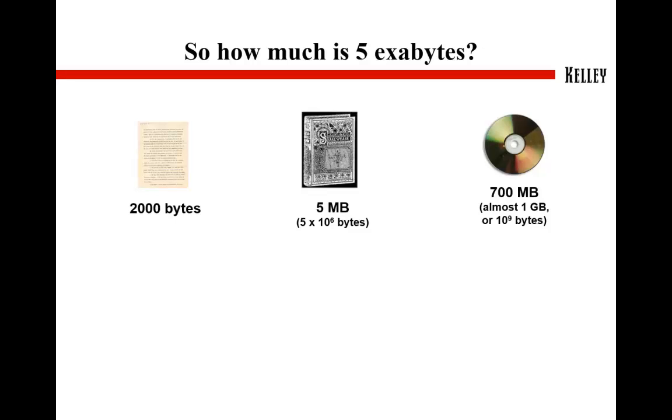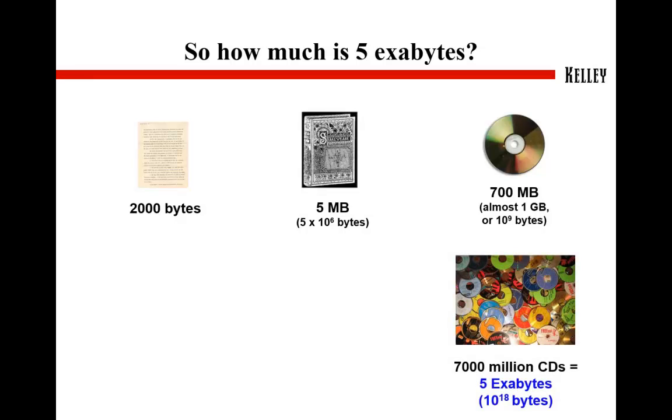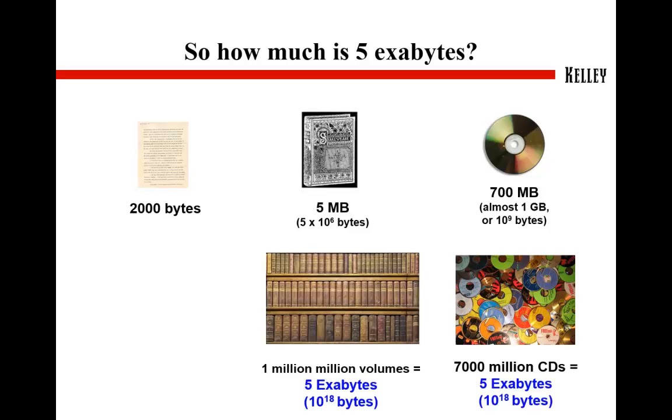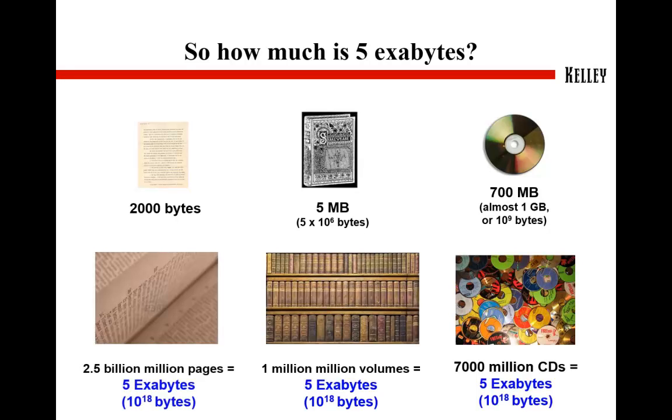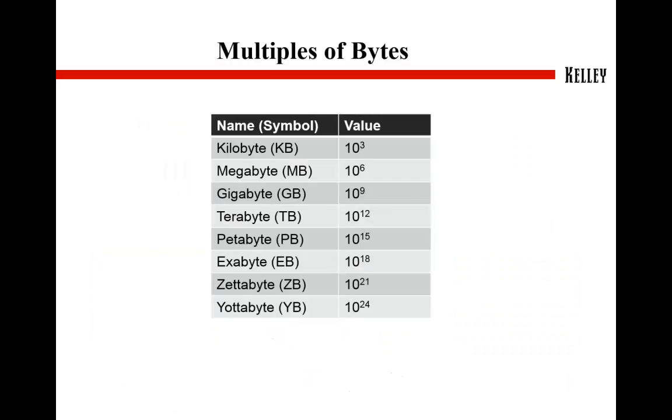Well, to store all the data in the world in 2002, you would have to have 7,000 million CDs, or you could record it in 1 million large volumes of books, or equivalently about 2.5 billion million pages of written text.